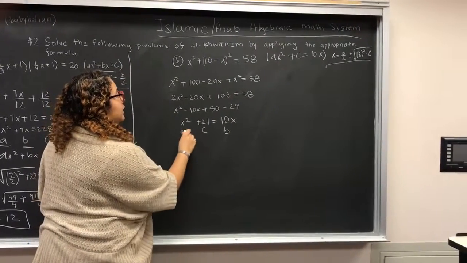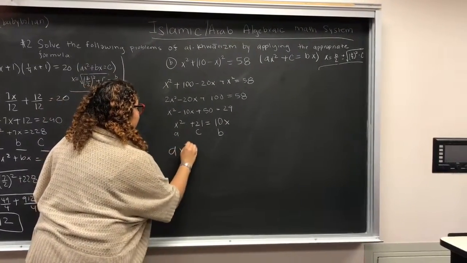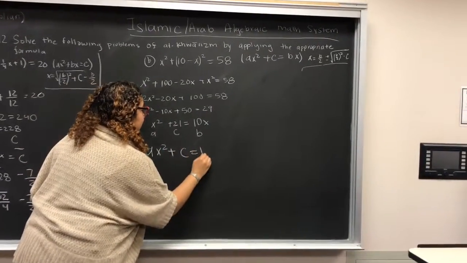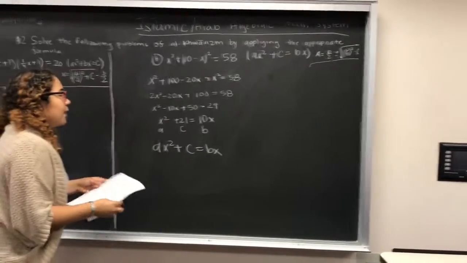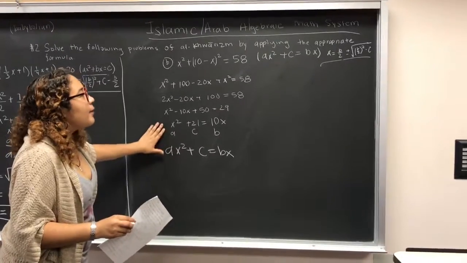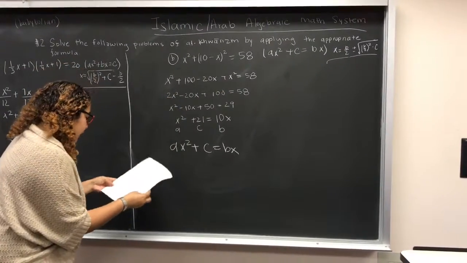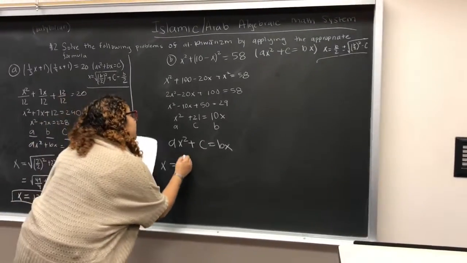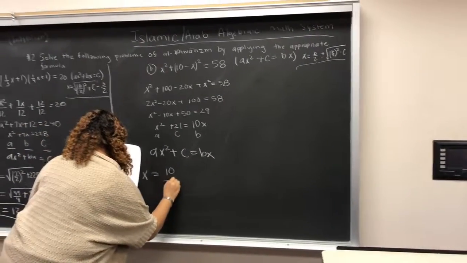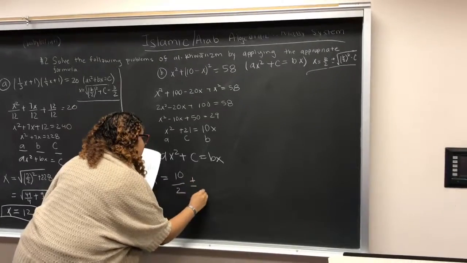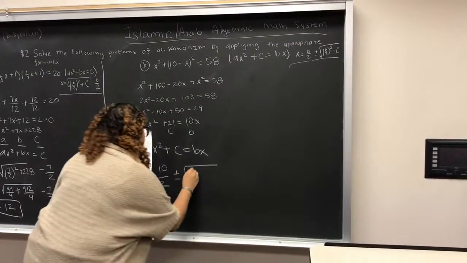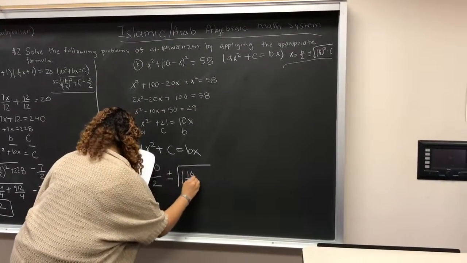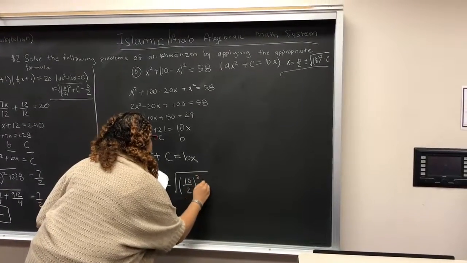Now that we have it in this format, we use that equation to solve for x, and x is equal to 10 over 2 plus or minus the square root of 10 over 2 squared minus 21.